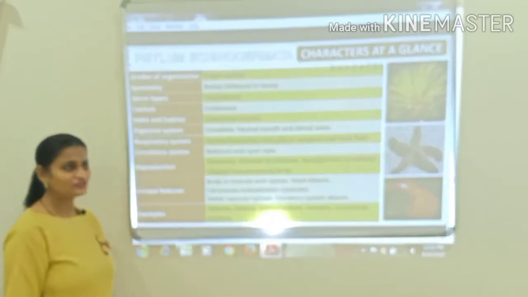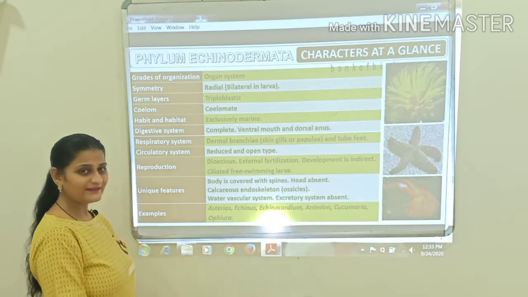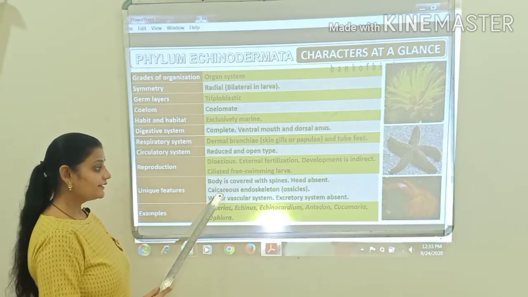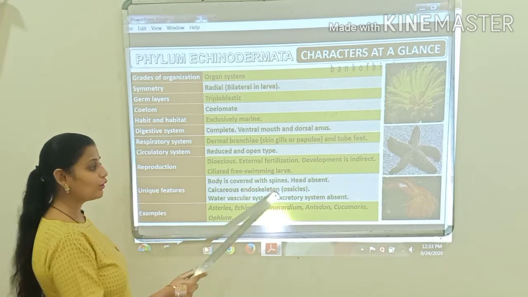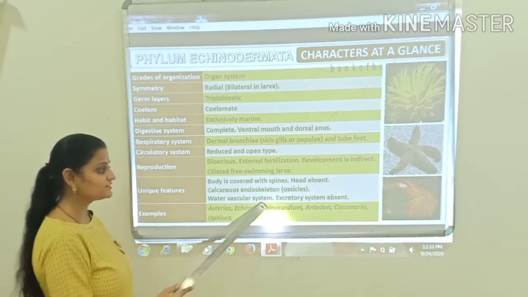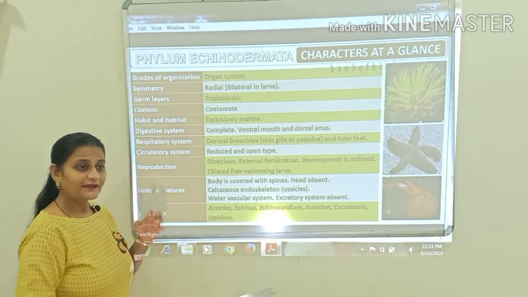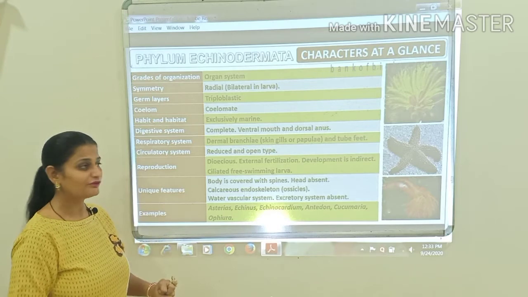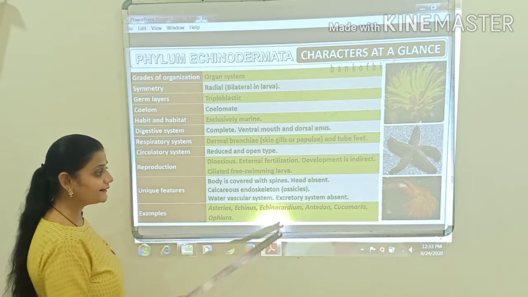Okay, some unique features are body is covered with spines, head is absent, then they have calcareous endoskeleton which is formed of ossicles, right, and they have water vascular system which helps in the capturing and transport of food, which helps in respiration as we have learned in the last slide.